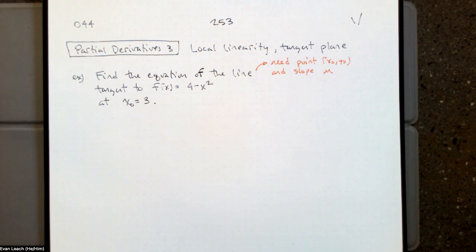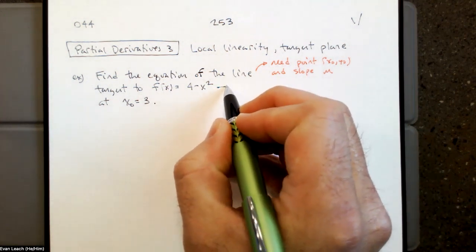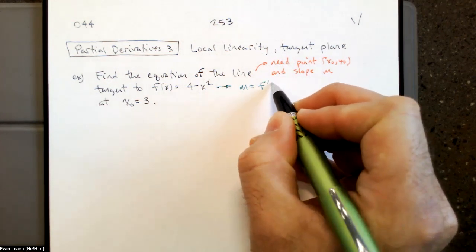And then the next part of the problem tells us how we're going to do that. We're told that the line is tangent to this curve. So since we are all well versed in the calculus arts, this part is telling us the slope of the line. So the slope of the line will be f prime at x naught.